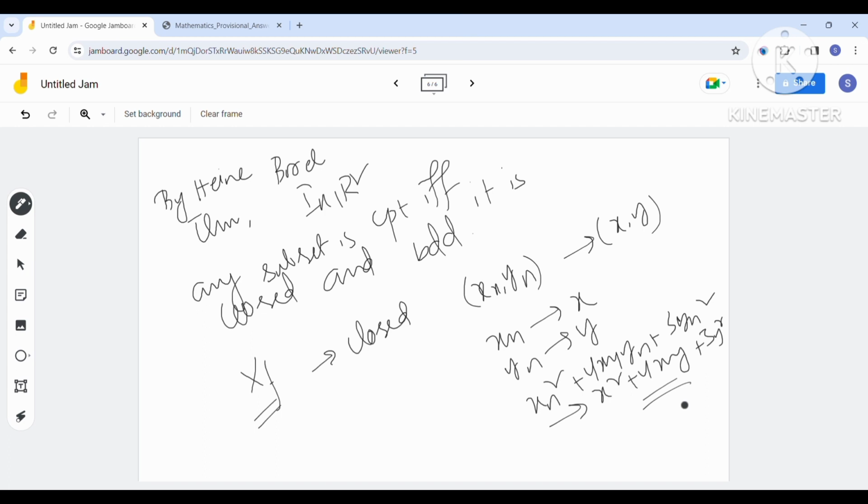That means it converges to this, and that will always be 1 by the definition. So the given conditions are closed conditions, so that's why the sets are always closed.